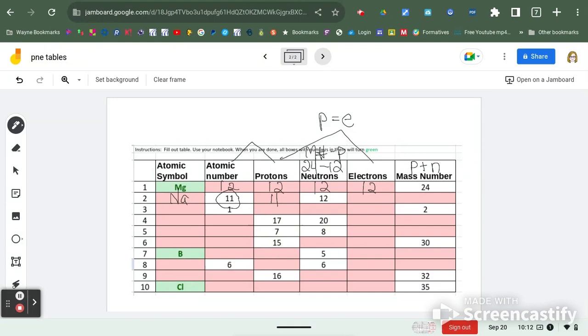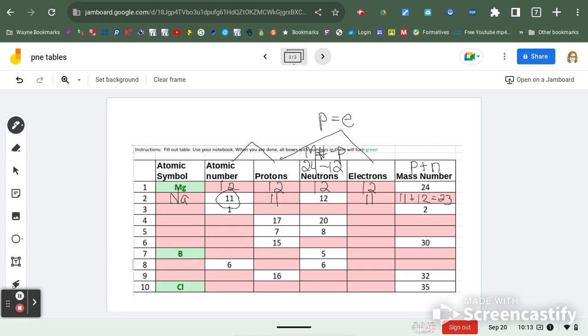They're not 11. But we know that the protons and the electrons are equal, so this is 11. And this time we're solving for the mass number, so we are going to add the protons and the neutrons together. So we're going to do 11 plus 12. And you might be able to do that in your head. That is going to be 23. Feel free to get out a calculator if you need to.